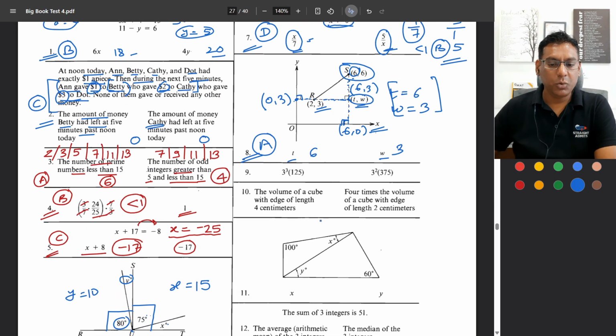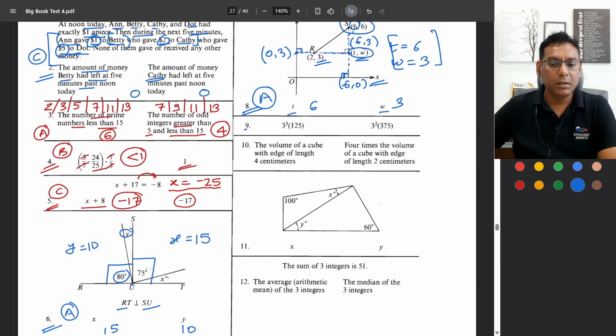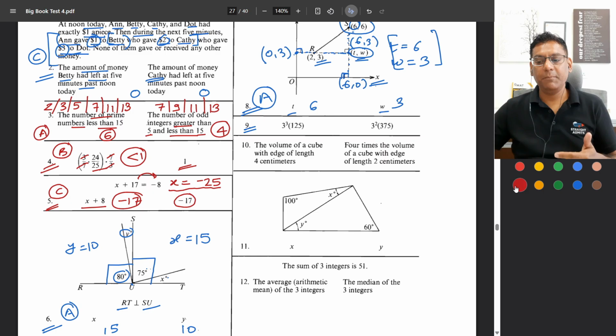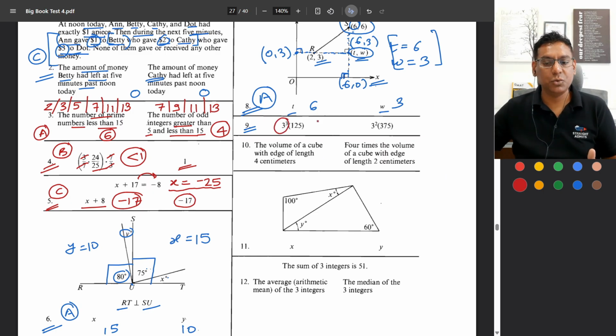Okay, question number 9. 3 raised to 3 into 125, and 3 raised to 2 into 375. Just for ease of comparison, let me express everything in 3 raised to 2. So what do I get? 3 raised to 3 into 125 basically means 3 into 3 into 3 into 125.